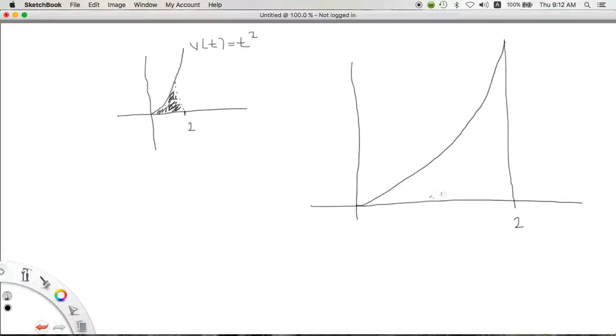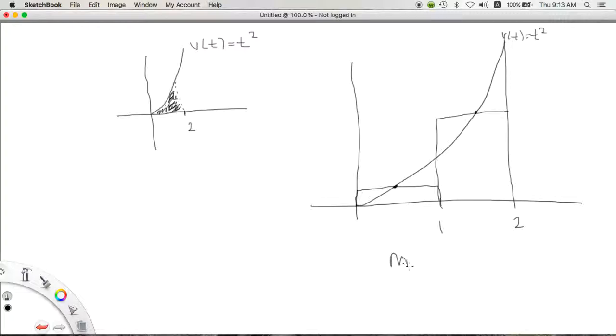If this is 2, and this is our velocity function, v of t equals t squared, we can use rectangles, and for example, we can use 2 rectangles here and use a midpoint for their height. We'll have a rectangle here, and then another rectangle here. And this can approximate our area.